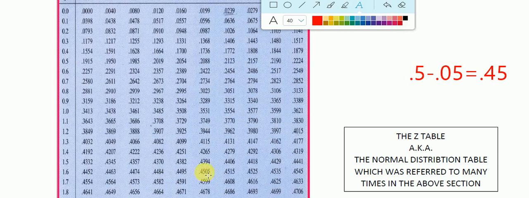Basically we'll use this arrow, and then we'll see the corresponding value is 1.6. Then we'll hold this up.